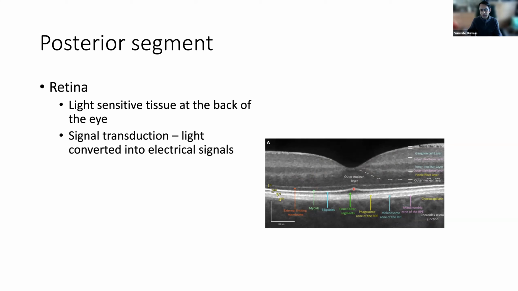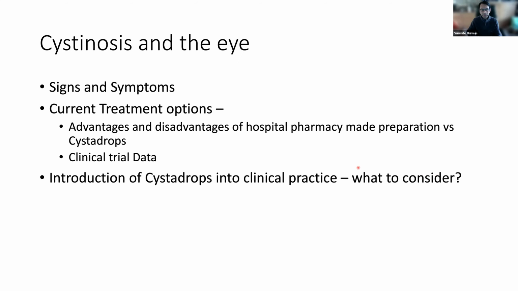This is where the photoreceptors are, and they're the ones that change light into electrical signals. And then this inner layer of the retina is principally the nerve and the nerve fibers, which then process that signal and send it down the nerve fiber layer to the optic nerve.